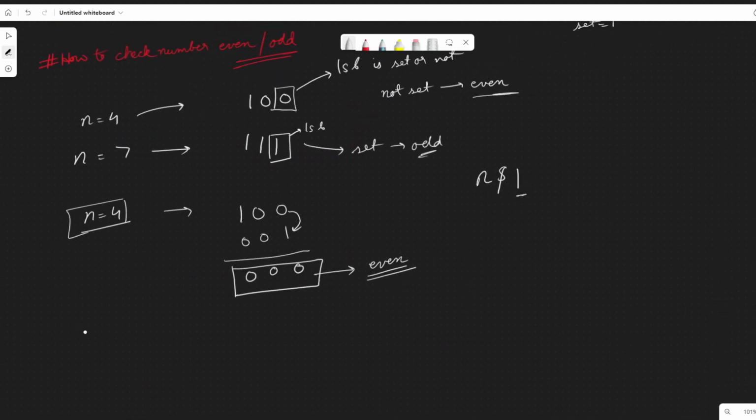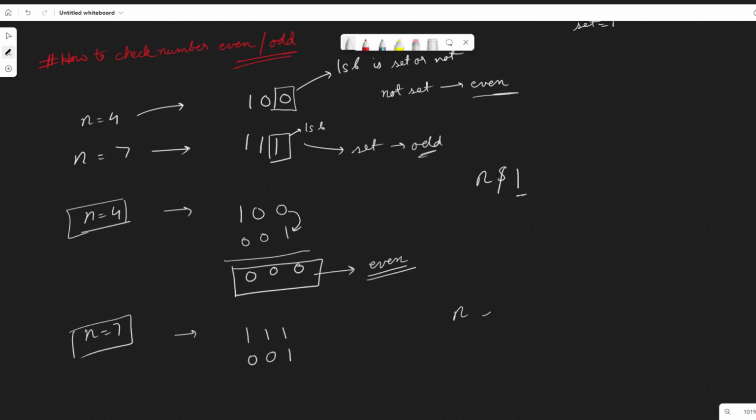Even in case of n is equal to 7, we can see 1, 1, 1, and then we have 0, 0, 1, and ampersand 1.